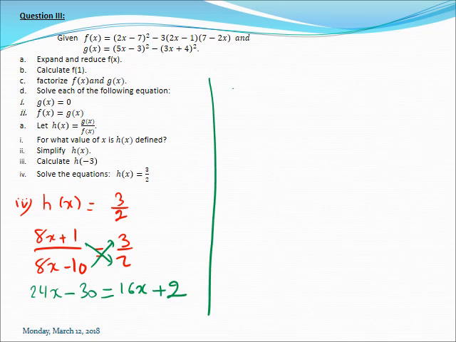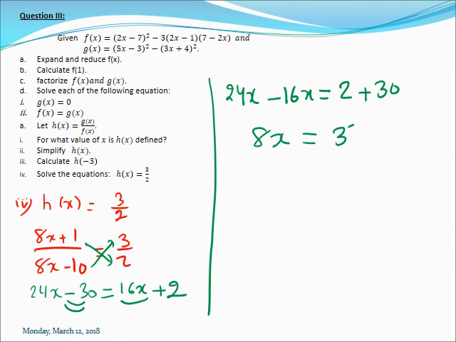So 24x minus 16x, 8x, equals 2 plus 30, 32. So x equals 32 over 8, x equals 4.